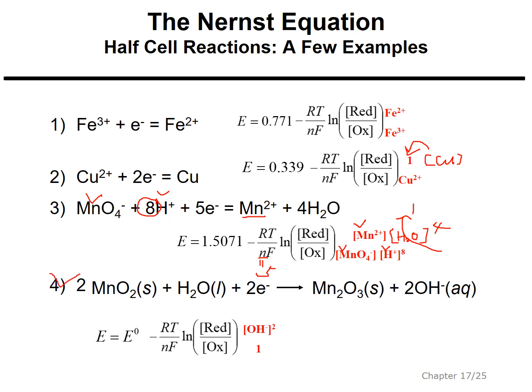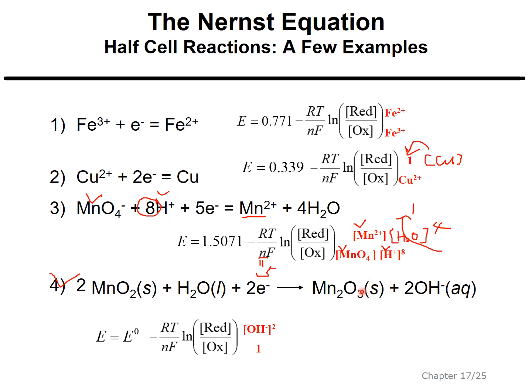Let's go to example 4. In this equation, n is equal to 2. The reduced species is OH minus squared because its stoichiometric coefficient is 2. And of course, you have Mn2O3 next to the OH to the 2.